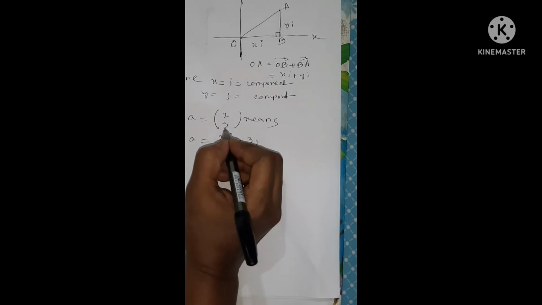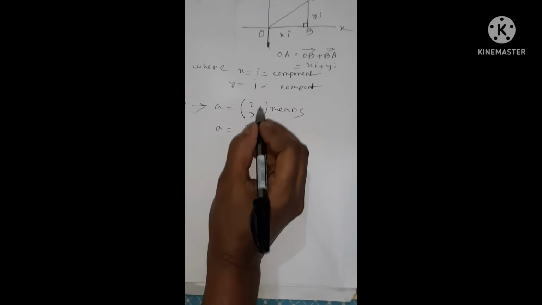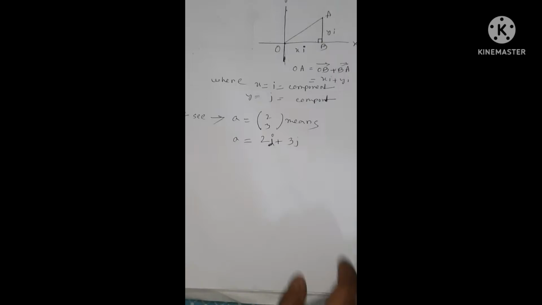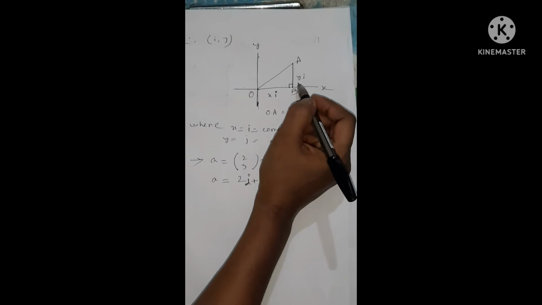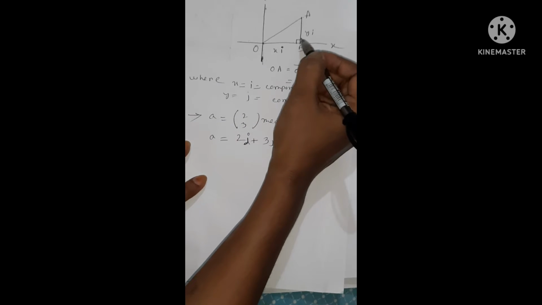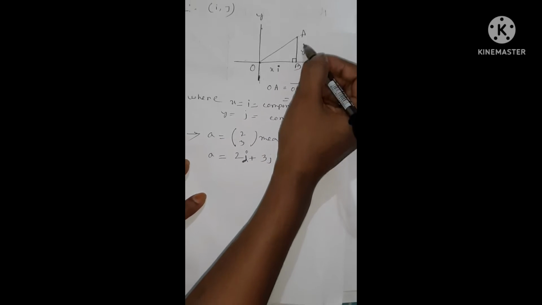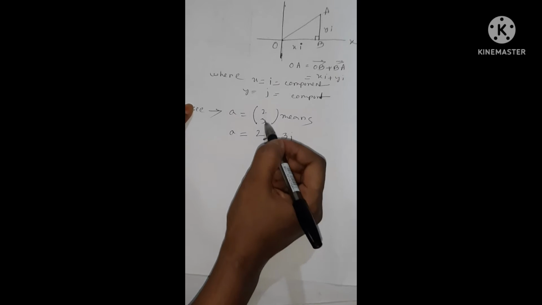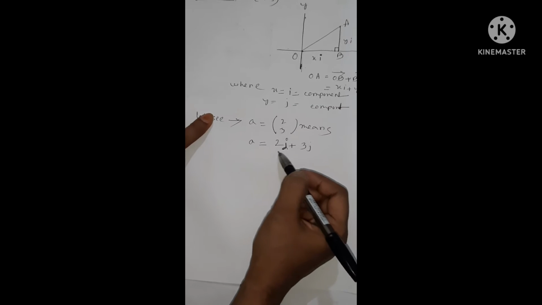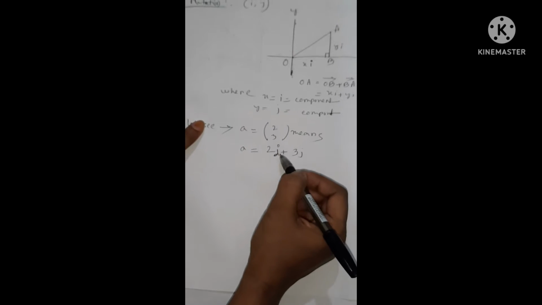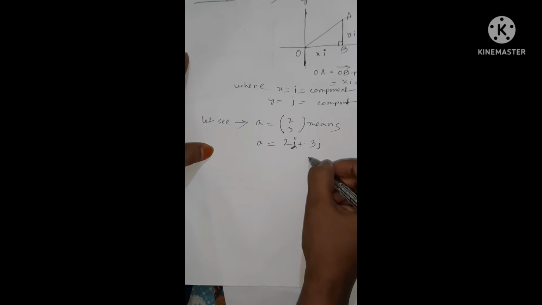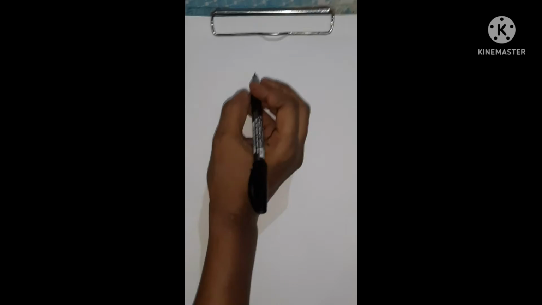The i component is horizontal and the j component is vertical. So A equals 2 by 3 means A equals 2i plus 3j. This is notation. Now we will see equality of vectors.